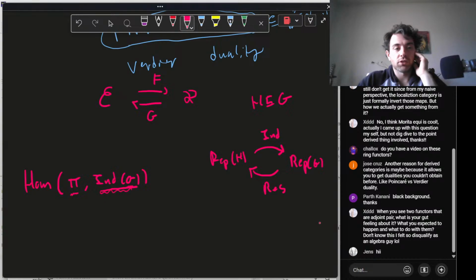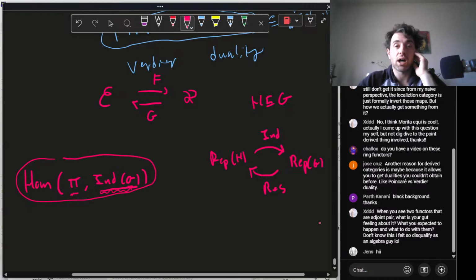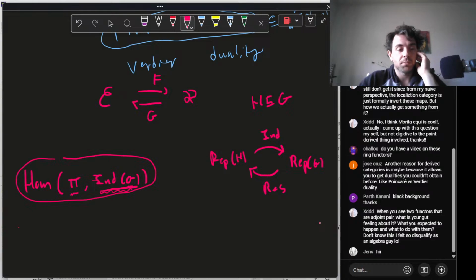Basically the dimension of this Hom set is going to tell me how many times pi shows up, at least if we're in the semi-simple category. Life gets more complicated in other cases, but it tells me how many times pi shows up in here. In general, it tells you how many times pi shows up as a sub-representation.